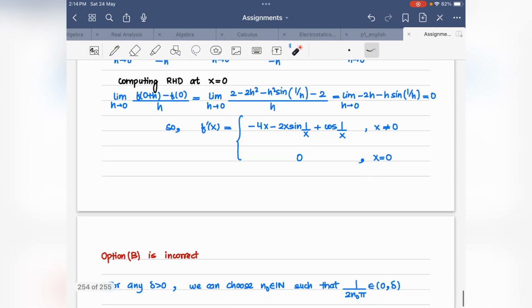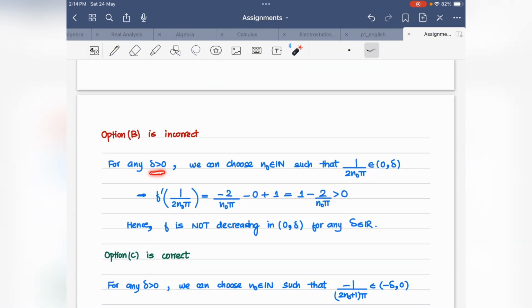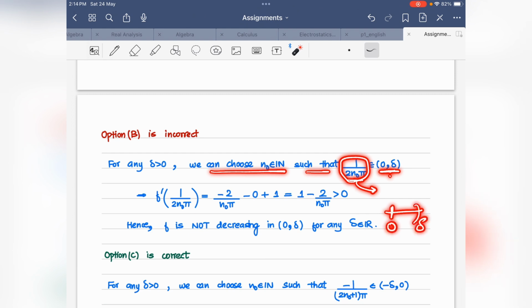According to me, for any delta greater than 0, I can choose n naught, a natural number, such that 1 upon 2 n naught pi is inside this interval. By taking a large natural number n, I can make this quantity very small, so it becomes inside this interval.